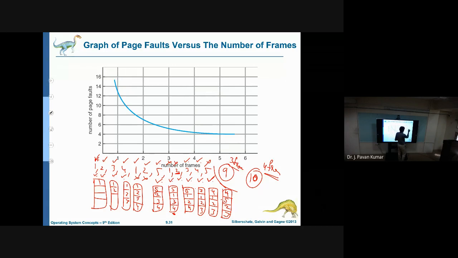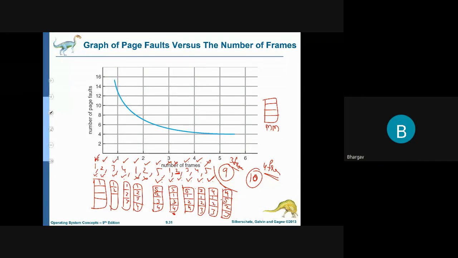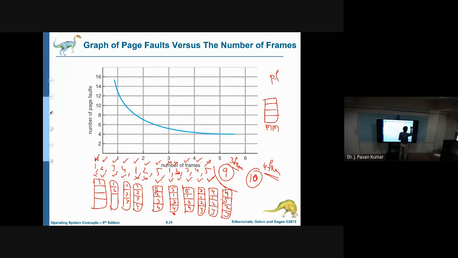In general, if the number of frames is increased, more pages we can keep in the main memory, isn't it? Automatically the number of pages that we can accommodate in the main memory will increase. So intuitively what can we say? Page faults will decrease. If the number of frames increases, page faults will decrease.